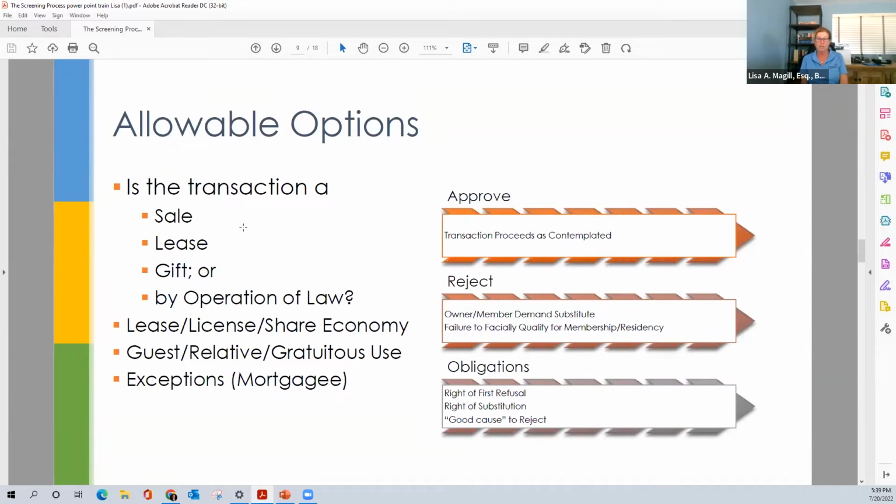Operation of law could be an inheritance. You may have different requirements, different procedures for each type, and your documents may omit some. They may just say sale or lease, not address transfer by gift, meaning spouse to another spouse, or parent to child, or child to parent, or friend to friend, or what have you.